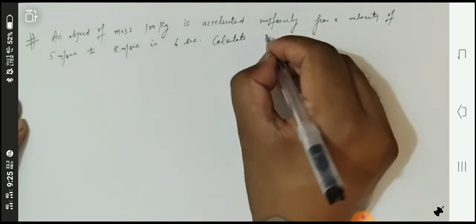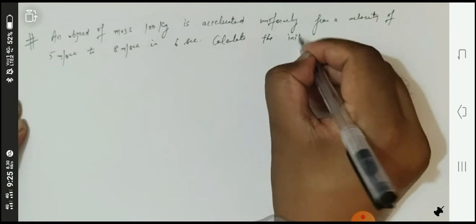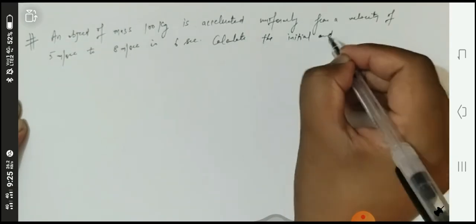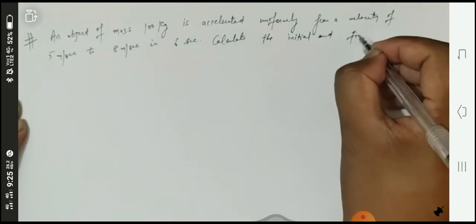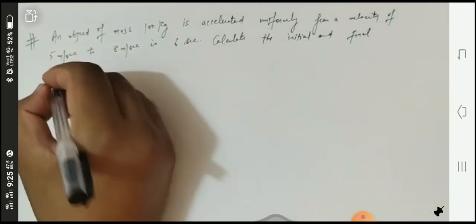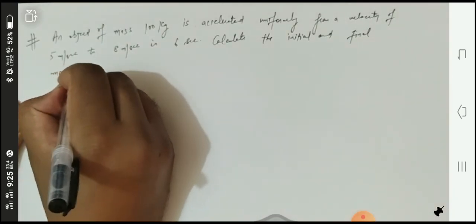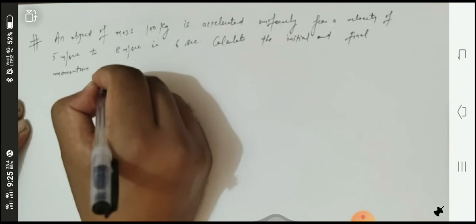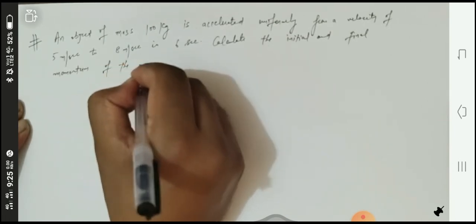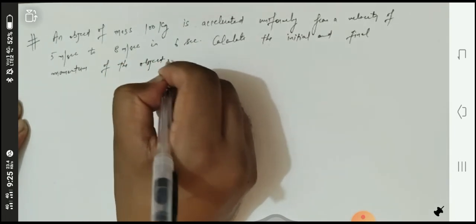Calculate the initial and final momentum of the object.